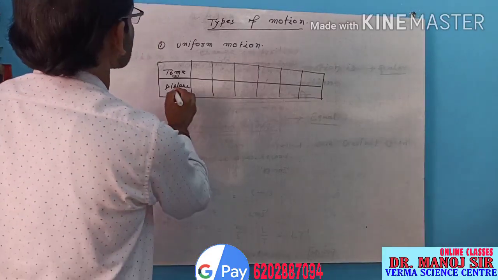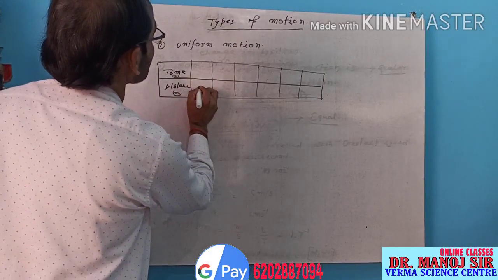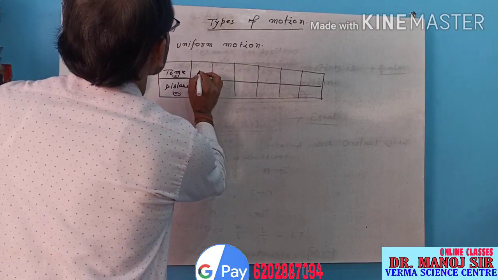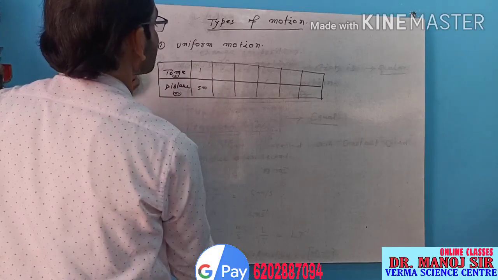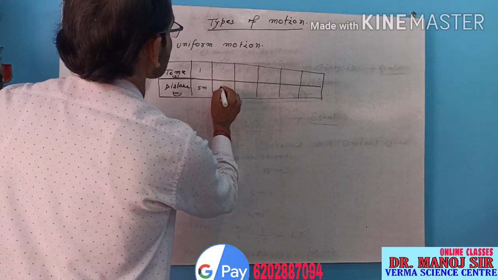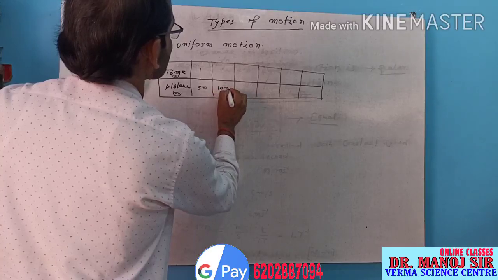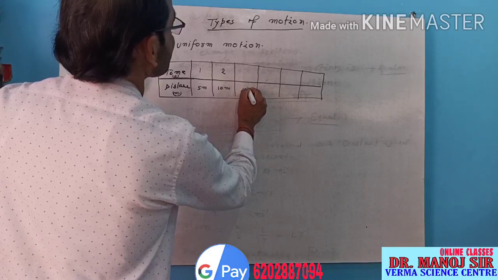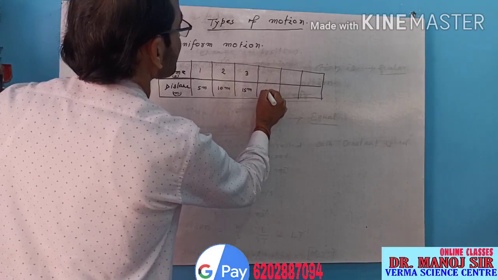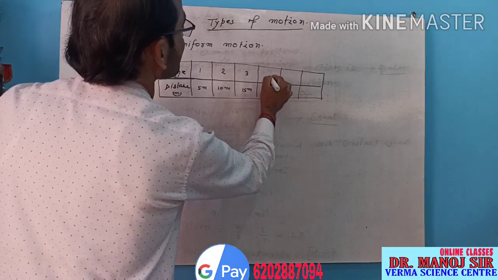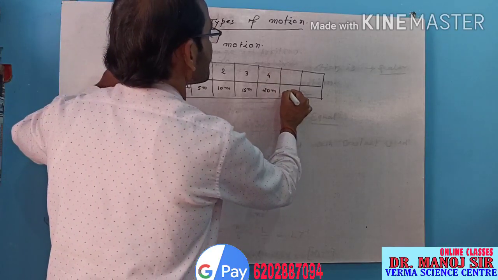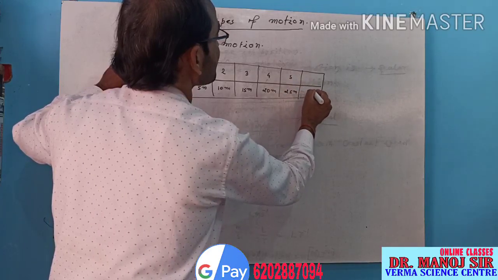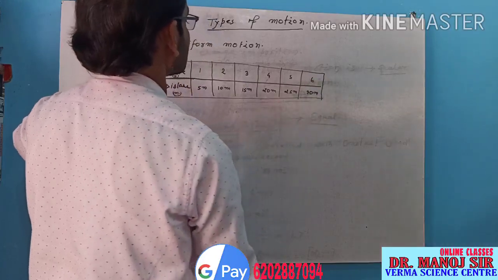Suppose a car travels 5 meter within 1 second, and next step it travels 10 meter in 2 seconds, 15 meter in 3 seconds, 20 meter in 4th second, 25 meter in 5th second, 30 meter in 6th second.